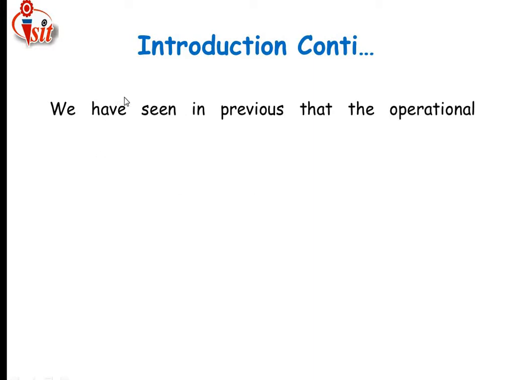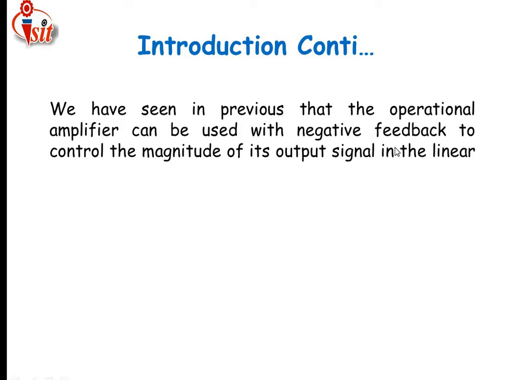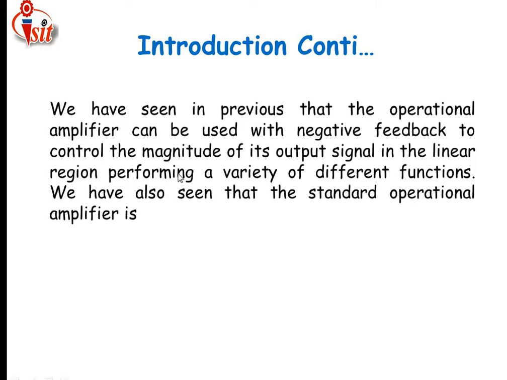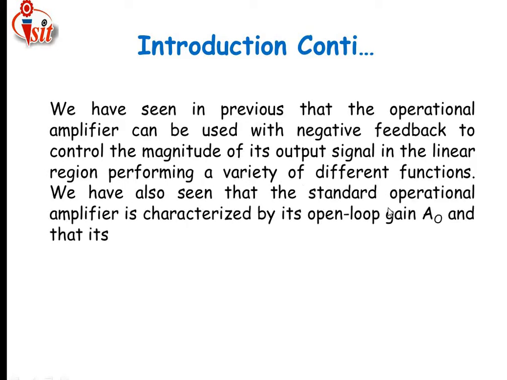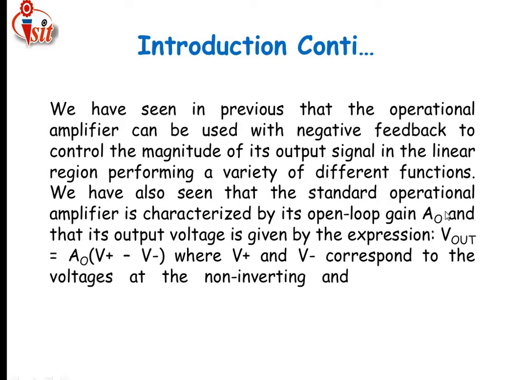Continuing with this, we have seen previously that the operational amplifier can be used with negative feedback to control the magnitude of its output signal in the linear region, performing a variety of different functions. We have also seen that the standard operational amplifier is characterized by its open loop gain, represented by A0, and that its output voltage is given by the expression Vout, the output voltage of any type of op-amp, which is nothing but gain times differential input voltage.